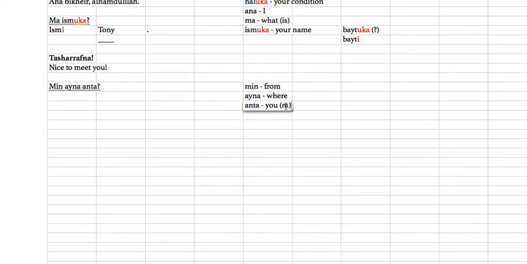Speaking to a male, you say anta. Anti is speaking to a female. So again, it's not your gender, it's the gender of the person you're speaking to. So anta or anti, okay? So min aina anta could just as well be min aina anti. Speaking to male, speaking to female. If you're speaking to me, you say min aina anta, but it could be either.